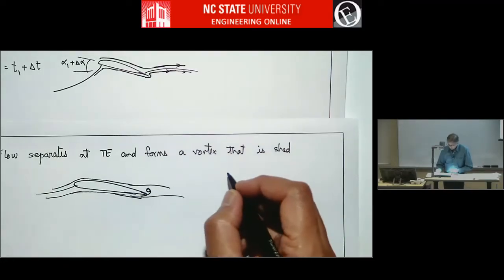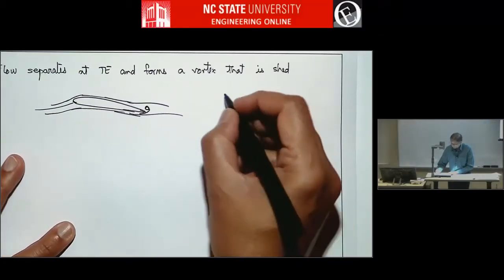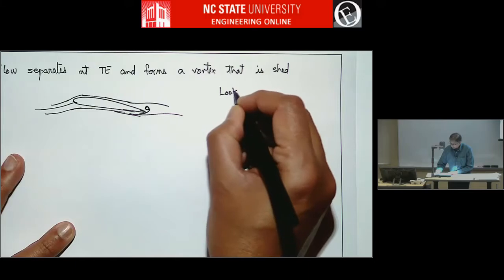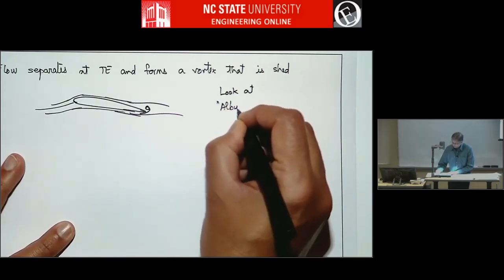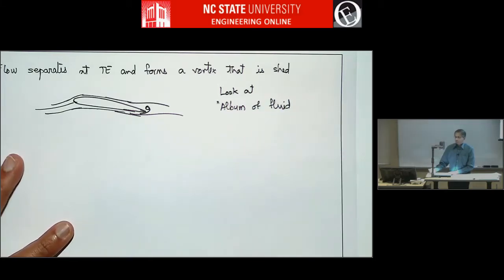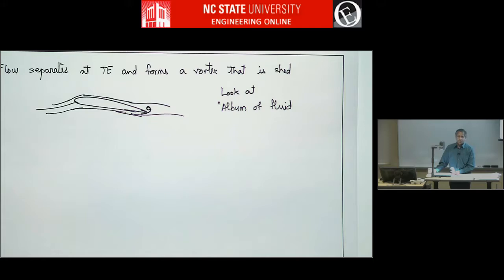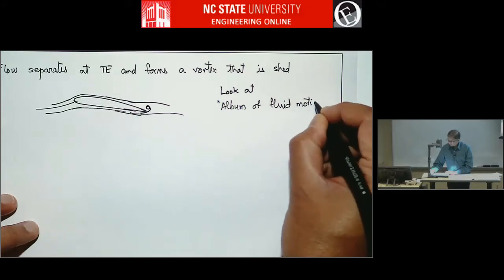So you can see such pictures from experimental flow visualization in this book called Album of Fluid Motion. This is a nice, very good book with lots of flow visualization pictures, and sort of helps to understand fluid mechanics.